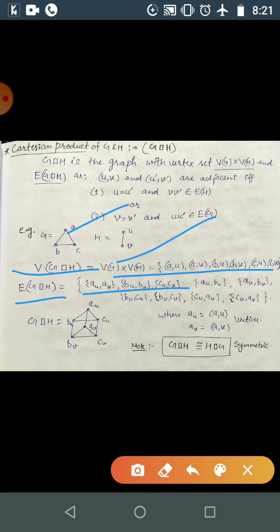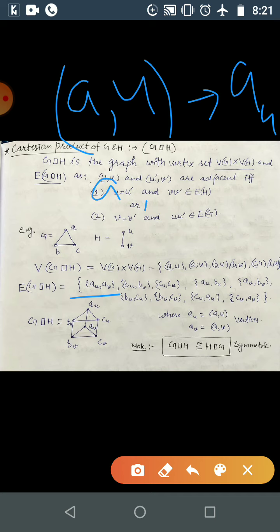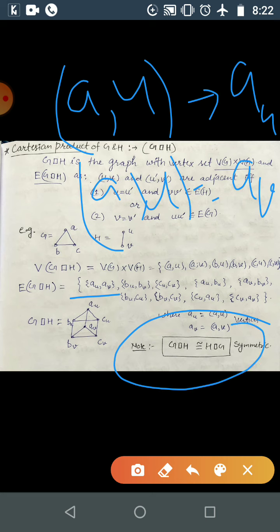So here a subscript U means A comma U and AV means A comma V. Okay, so AU, this I have represented by AU, and A comma V, this I have represented by A subscript V. Okay, and here I have just given you that these are symmetric, whether you find the Cartesian product of G and H or H and G, both will be the same.